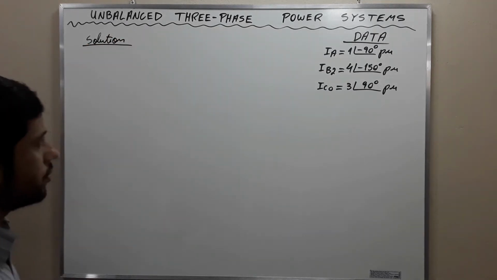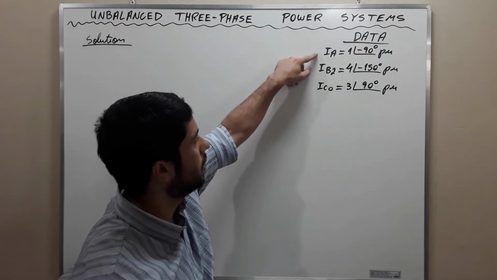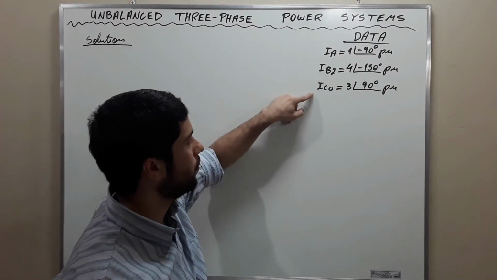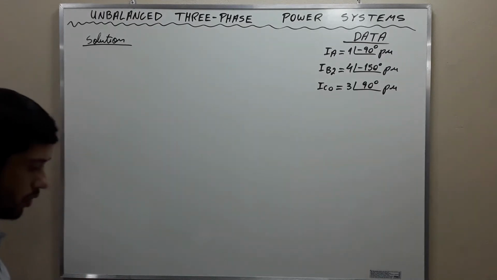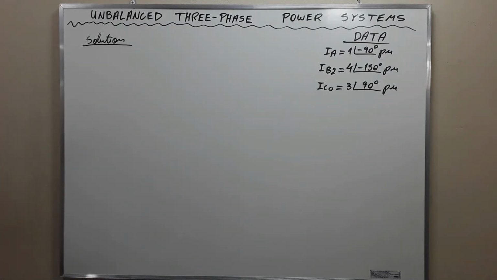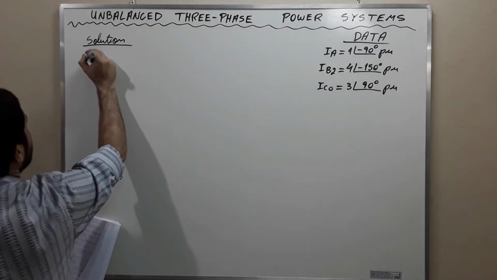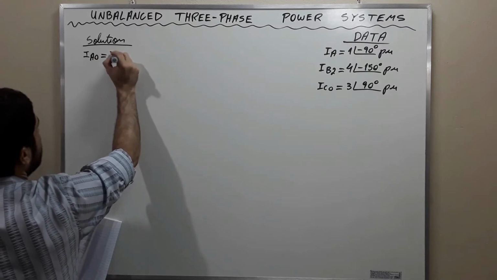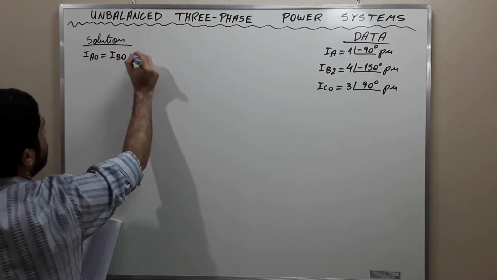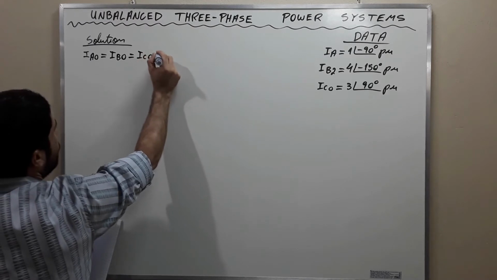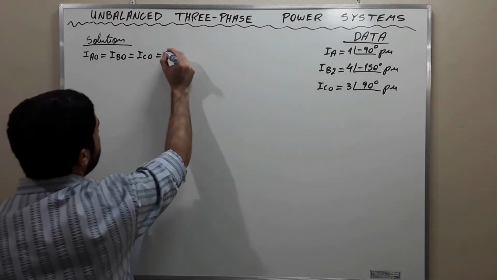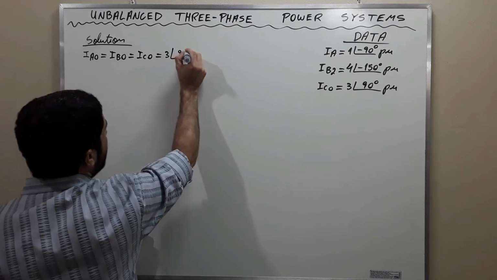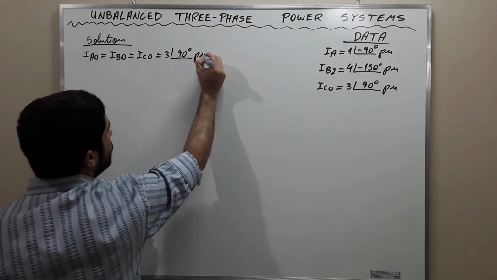Okay, we already know these values here: IA, IB2, and IC0. And as the zero sequence components are equal, we can infer that IA0 is equal to IB0, which is equal to IC0, which is equal to 3 phase 90 degrees per unit.